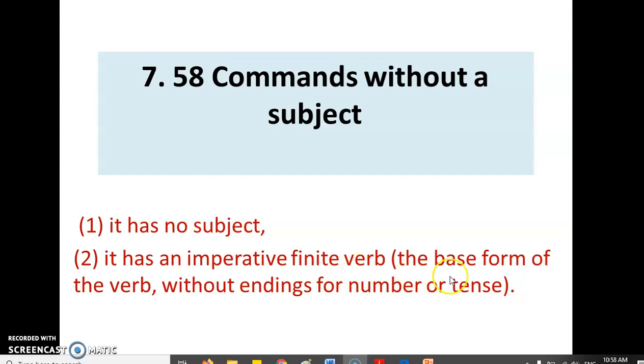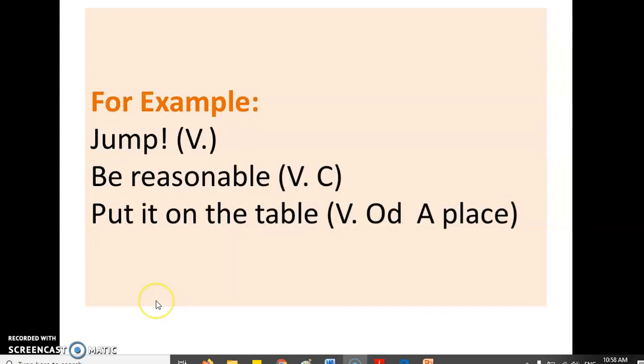That means the base form of the verb without endings for number or tense. For example, the verb "jump." Here, the verb only, without a subject. Another example, "Be reasonable." Verb "be" and the complement "reasonable."